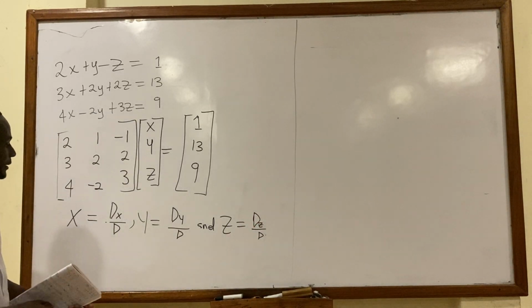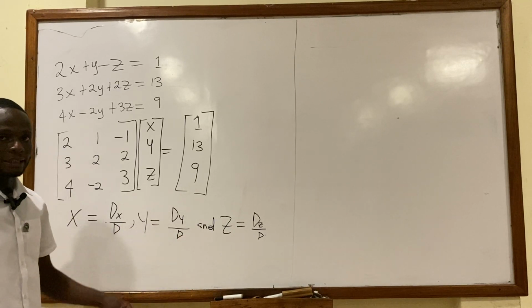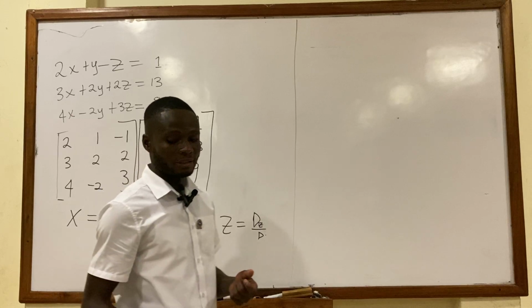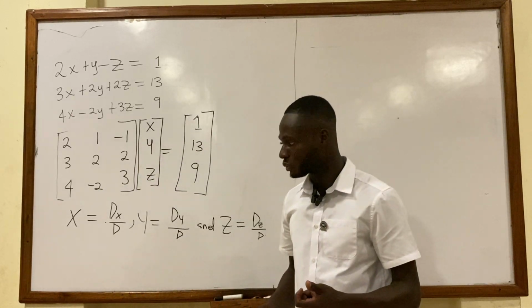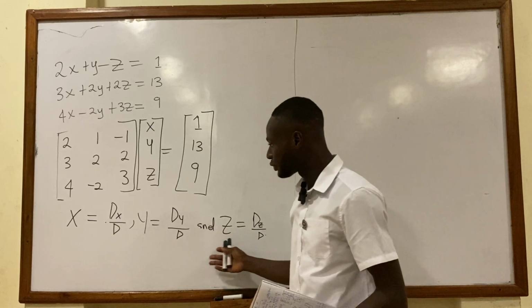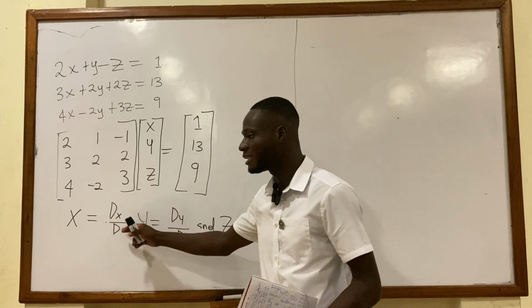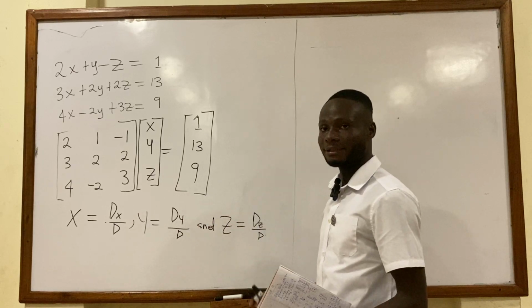So this is basically how we find the variables using the matrix form, or Cramer's rule. So now let's find our d. You know, d runs through all of them. So let's find our d first, and then find the x, the y, and the z.